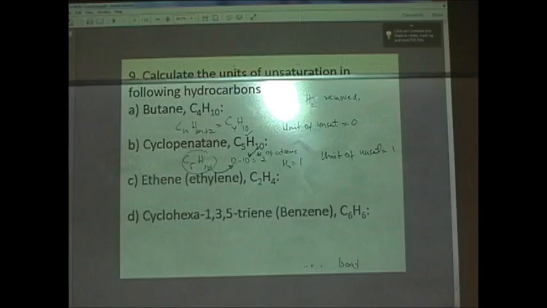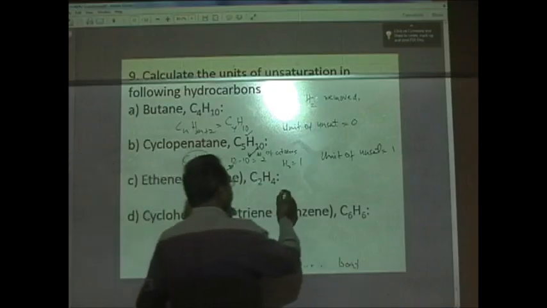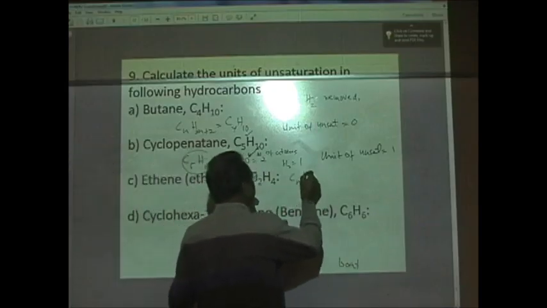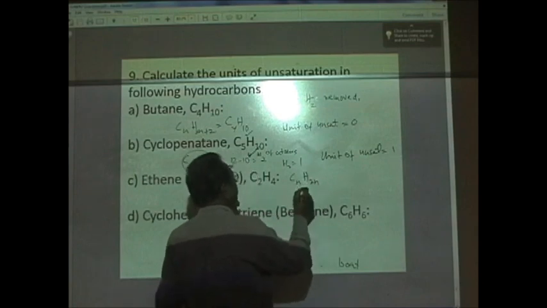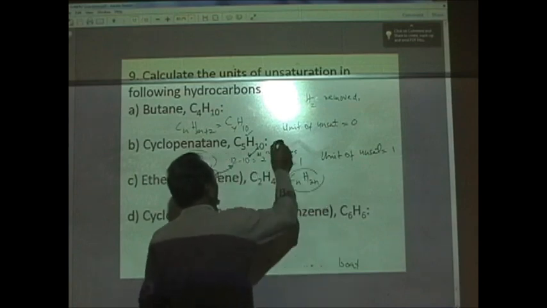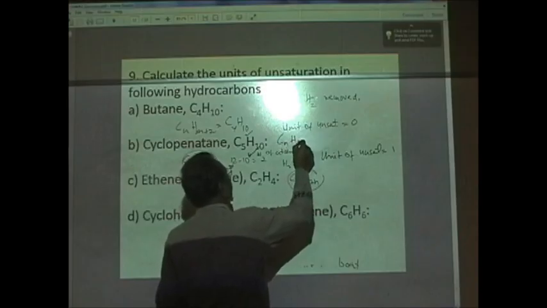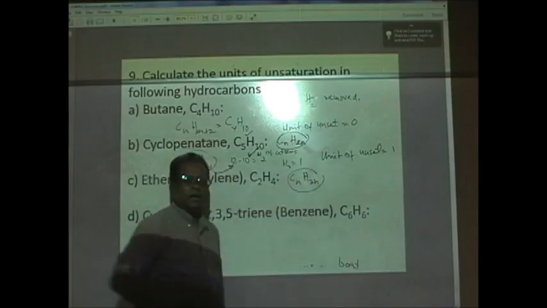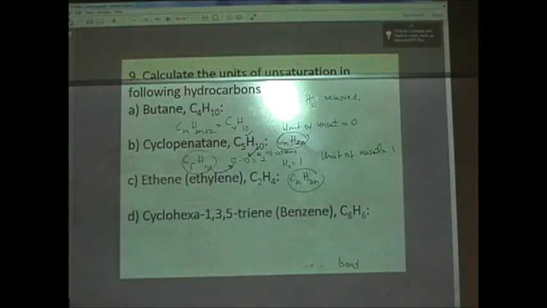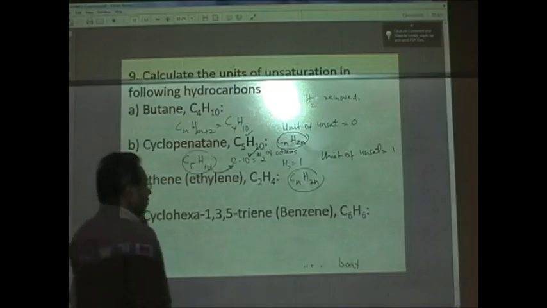The general formula is CnH2n. Now the molecule with 1 double bond or a cycloalkane always has one unit of unsaturation. Now benzene.